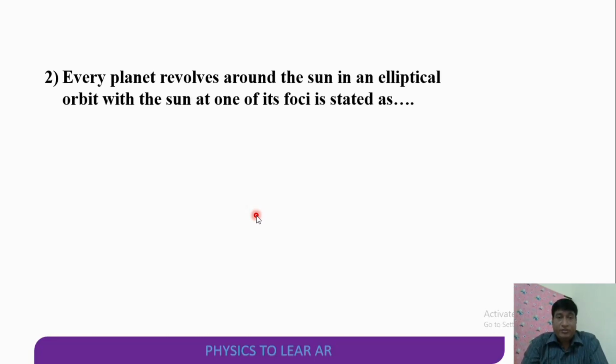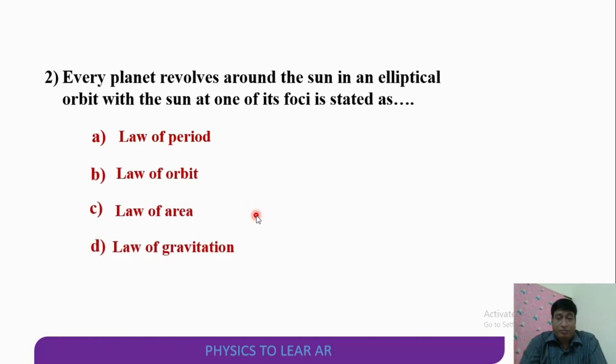Every planet revolves around the sun in an elliptical orbit with the sun at one of its foci. The options are: law of periods, law of orbits, law of areas, and law of gravitation. The answer is the law of orbits.